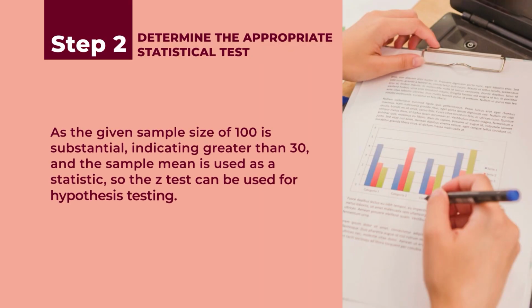After setting the hypothesis, at this stage, an appropriate statistical test needs to be selected that will be used for statistical analysis. As the given sample size of 100 is substantial, being greater than 30, and the sample mean is used as the statistic, a Z test can be used for hypothesis testing.